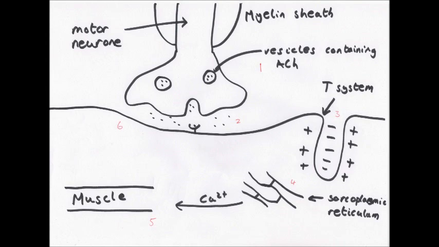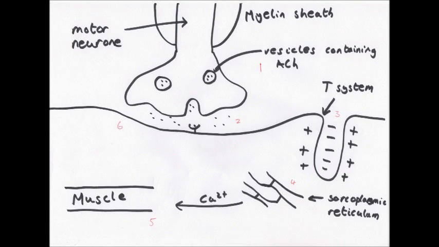They fuse with the neuromuscular membrane, secreting ACh or acetylcholine into the cleft. It binds to receptors on the neuromuscular membrane, which will cause something called the T system to be depolarized. So it travels down these tubules, which are the T system, depolarizing it. Now this depolarization goes to the sarcoplasmic reticulum, which then releases calcium ions, which then will bind to the muscles.